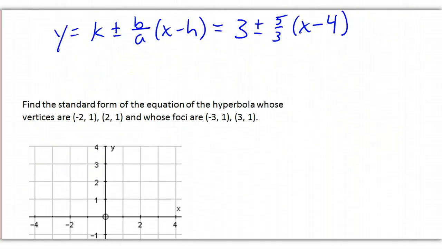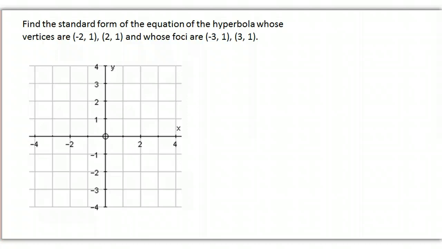So what happens if we don't know the equation but we know some information about the hyperbola? Well, here we've got one whose vertices are at negative 2, 1 and positive 2, 1, which lets us figure out right away that the center is the midpoint between them at 0, 1.